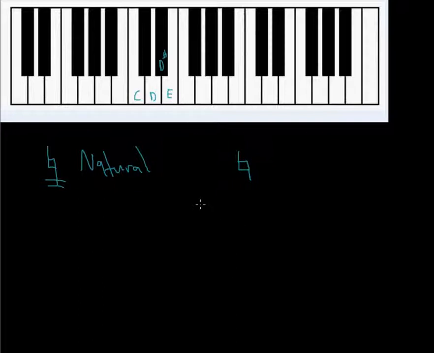And as we talk more about music theory, you'll come to realize the purpose and point of having natural signs. But for the purposes of where we're up to at this stage, you don't really need to know too much about the natural sign.